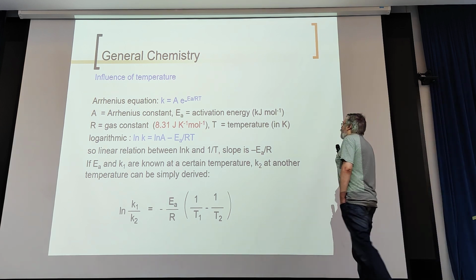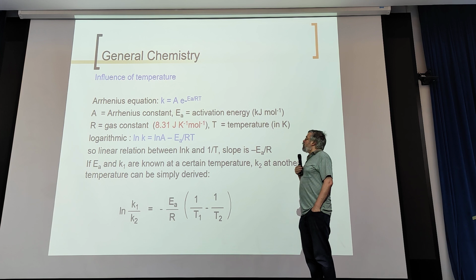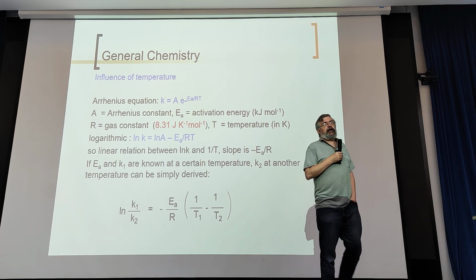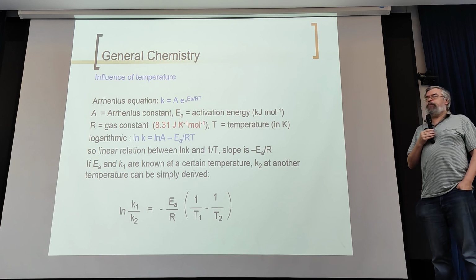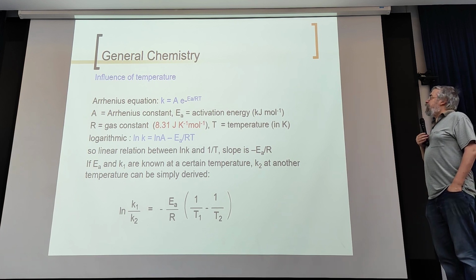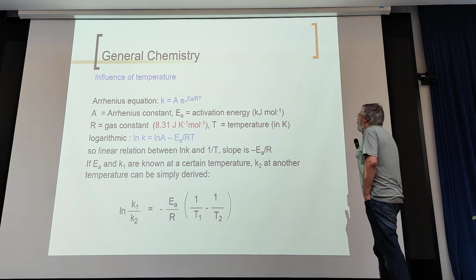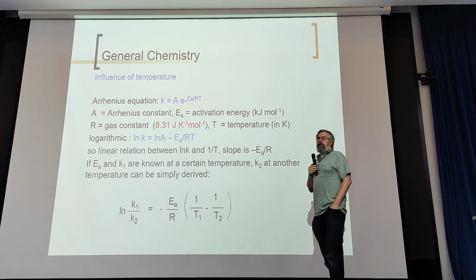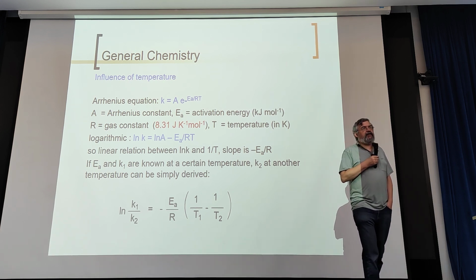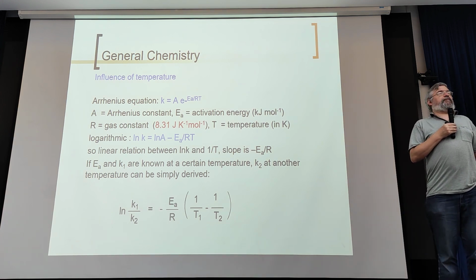And there's a free factor, A, which is not part of the exponential, which is a constant, the so-called Arrhenius constant, which is different for every reaction. And in the factor e to the minus EA over RT, the EA is nothing else than the activation energy.